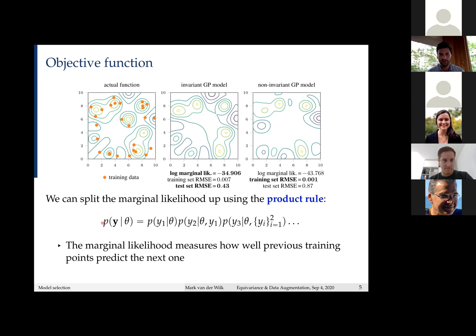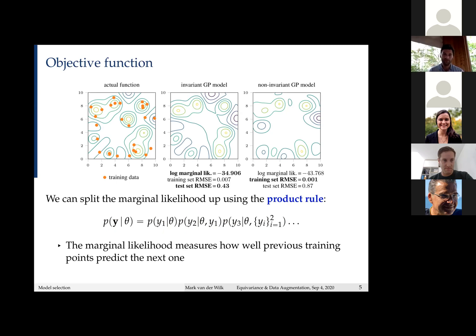So the marginal likelihood over our entire training set is composed of the probability of just predicting the first point without knowing anything but which function class or function it comes from, multiplied by the probability of predicting our second training point given the first training point that we've seen, and the third given the first two, and then the fourth given the first three, etc.